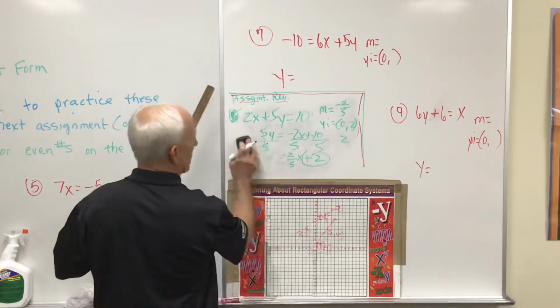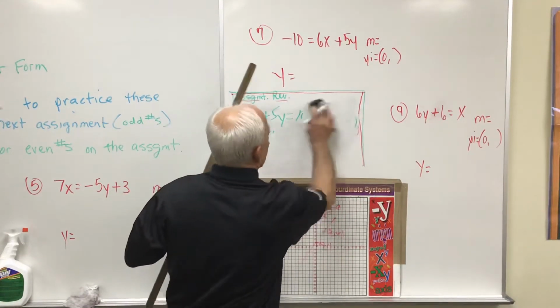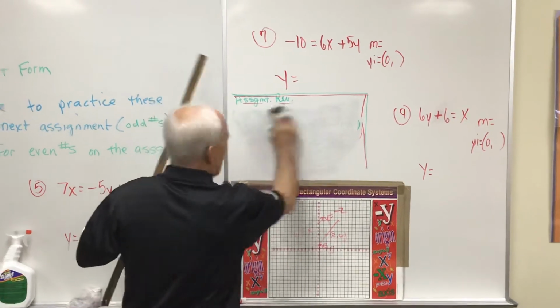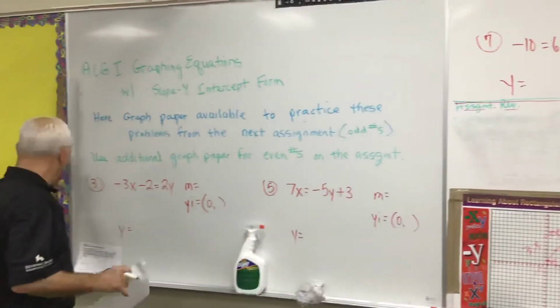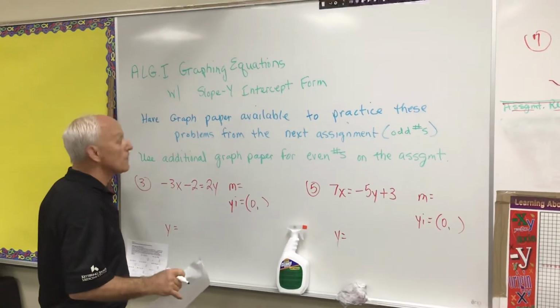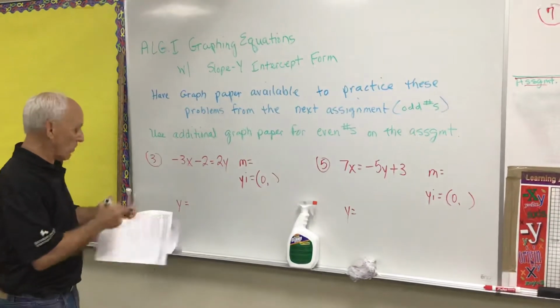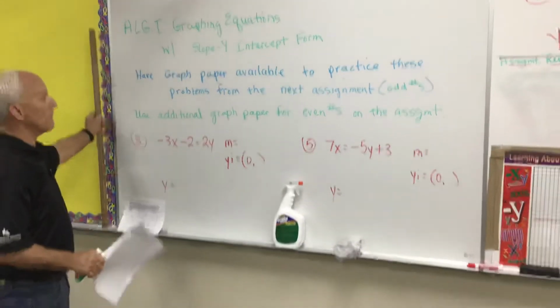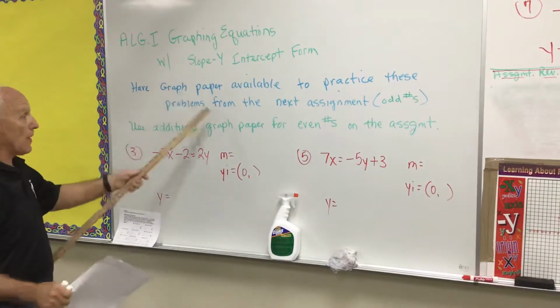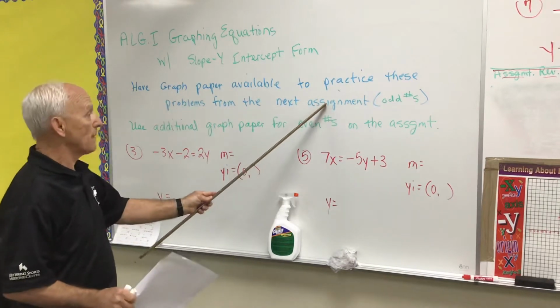So let's go ahead and get ready. If you pull up your assignment sheet, you'll be able to see this. You should have your graph paper ready to perform. And let's see what we need to do. This one tells me that we're going to have graph paper available. We're going to practice the problems, okay?